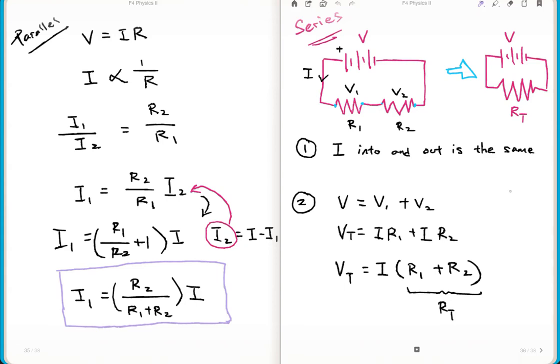Then I think I will stop here, and my next video will be on power rating and EMF, electromotive force, so that you can really concentrate on parallel circuit, because it's quite important in SPM.